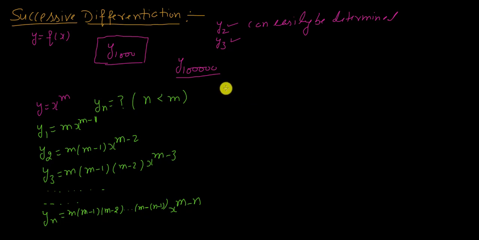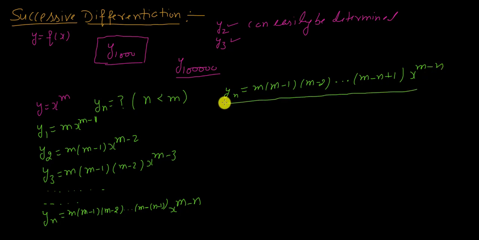So this can be written as yn is equal to m, m minus 1, m minus 2, up to m minus n plus 1, x raised to the power m minus n. So this is the successive differentiation of x raised to the power m.